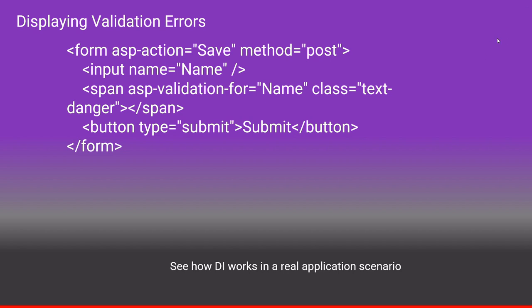When you implement validation in your model and return the view with the errors, any validation messages will be shown next to the corresponding input fields. This helps users quickly identify and fix issues before resubmitting the form.